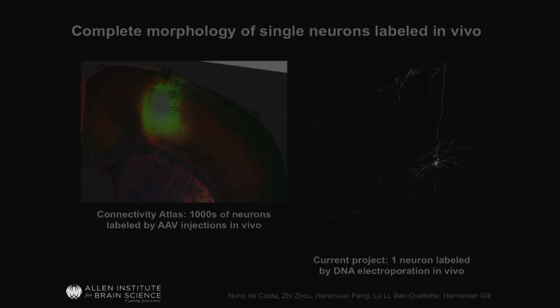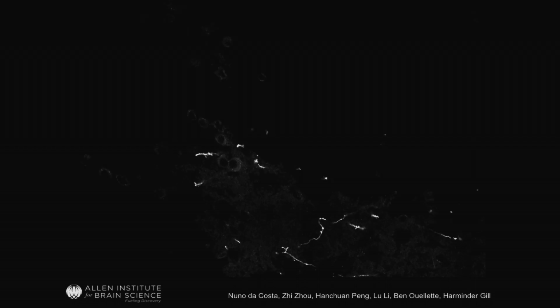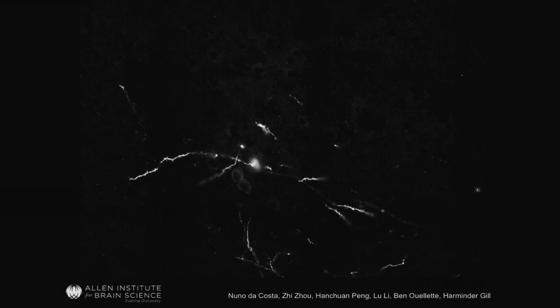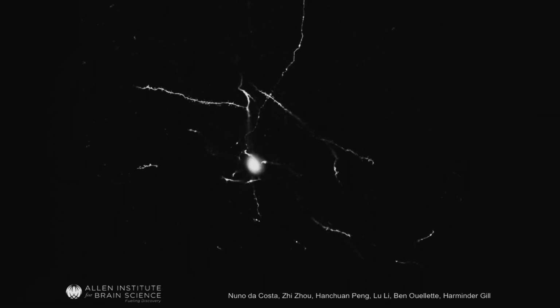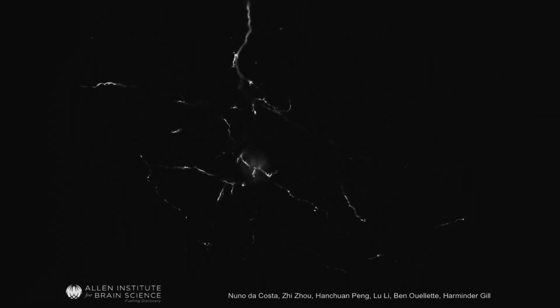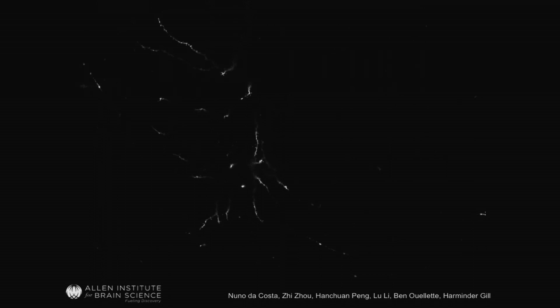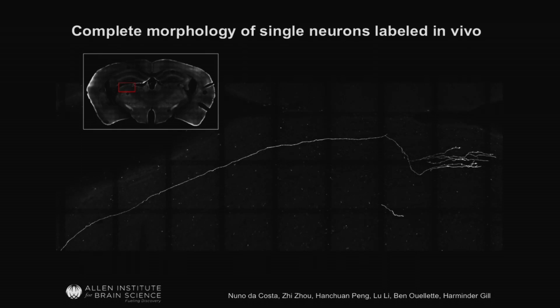So this higher resolution imaging has the potential to generate much larger data sets, but we get much more detail so that we're able to see things like individual spines and follow the trajectory of individual axons locally as well as in the long range.